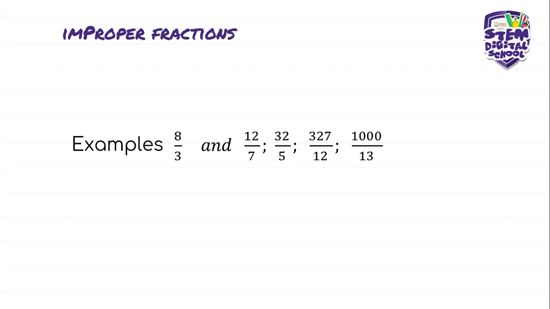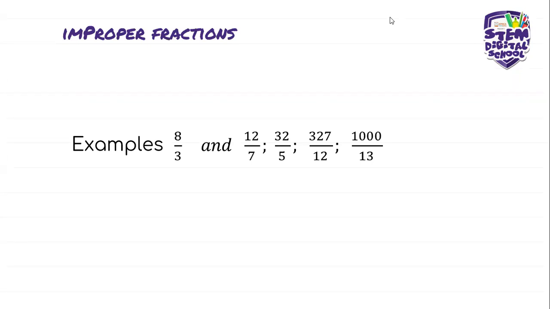And of course, we have several examples that we can list. 12/7 is one of the examples. And then we also have 32 out of 5, and then 327 over 12, and 1,000 over 2 or over 3 perhaps, and then we also have 1,000 over 13. You can tell that this is what we call the improper fraction, because the denominator is less than the numerator.